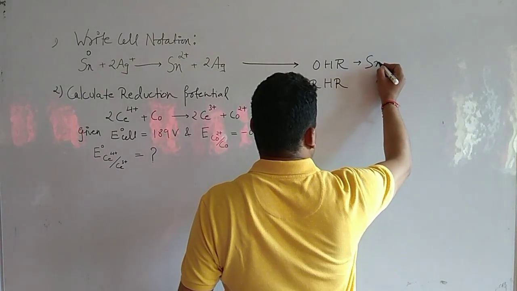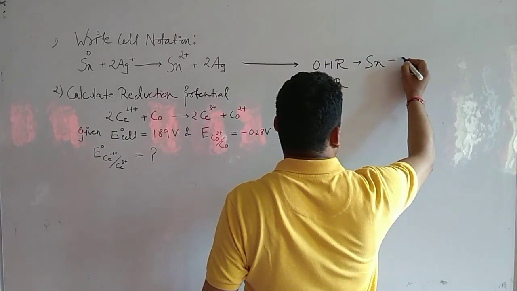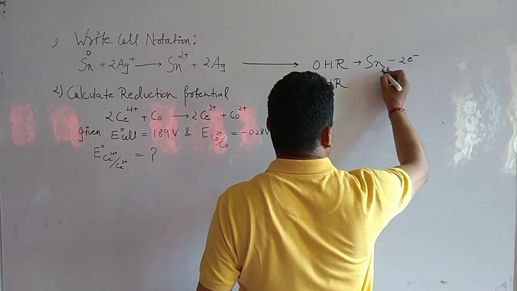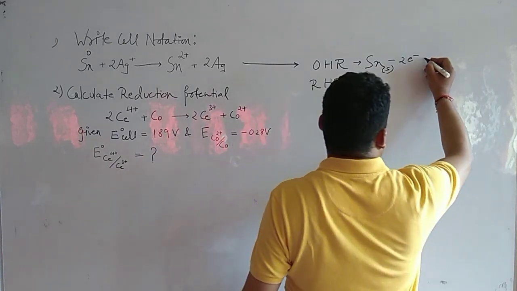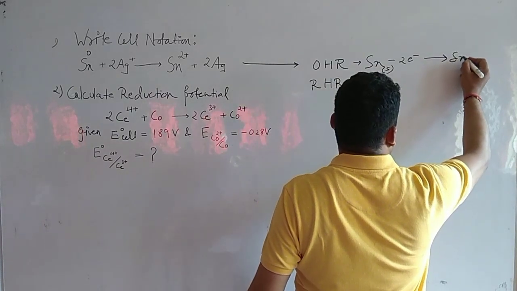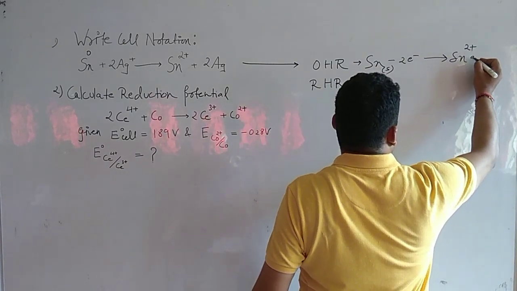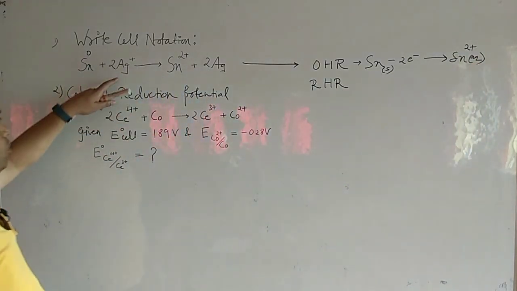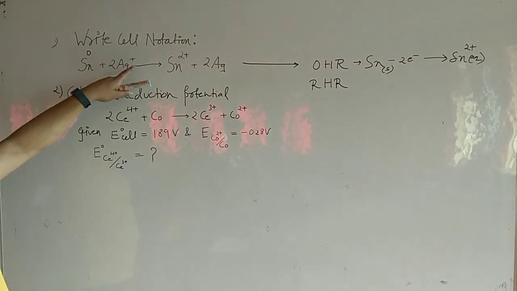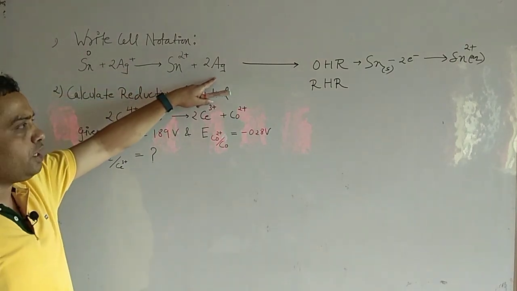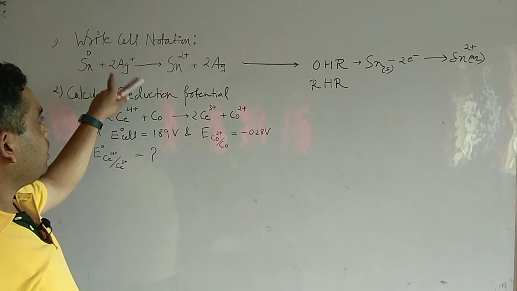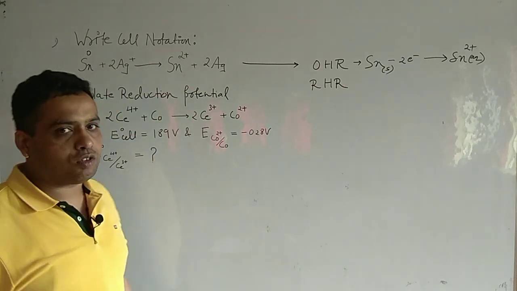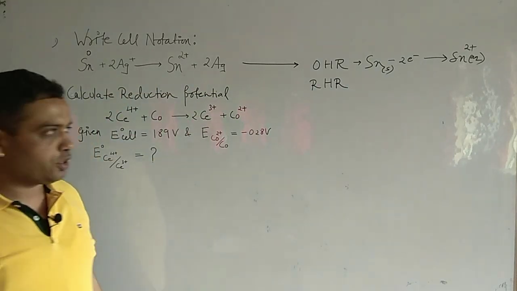Your tin loses 2 moles of electrons. Of course, it would be in solid state, and it will convert into Sn2+ in aqueous state. In the same way, you can write the reduction half reaction. You can see silver is monopositive here, and here it is in zero oxidation state. That means this process is the reduction process. As you know, a decrease in the oxidation number is a reduction process.